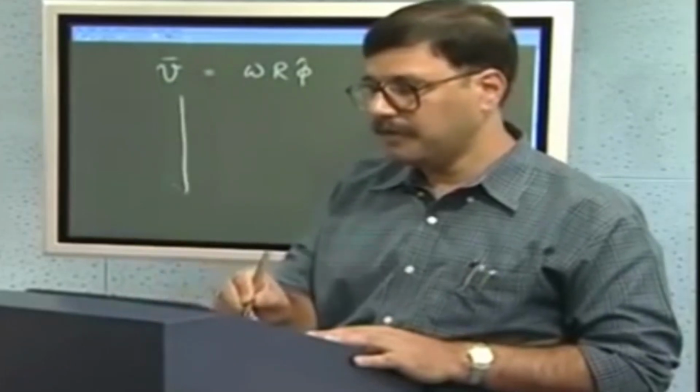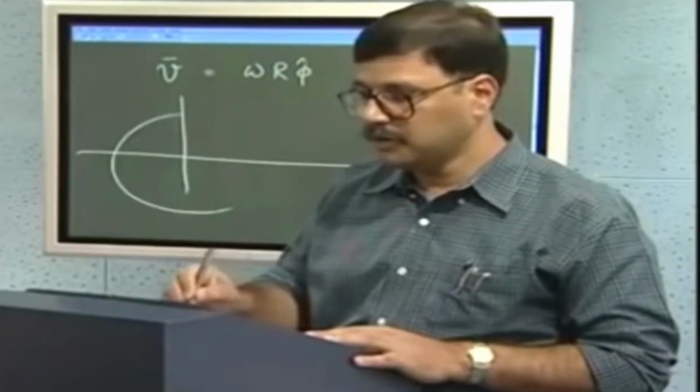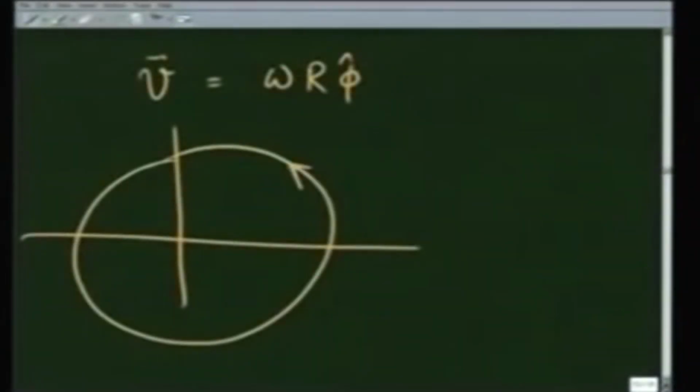That is, if a particle is moving around in a circle, it is moving in direction phi with the speed omega r, where r is the radius of the circle, and omega is the angular speed of the particle.